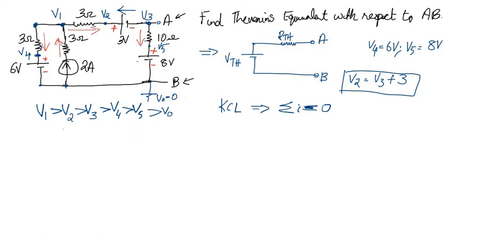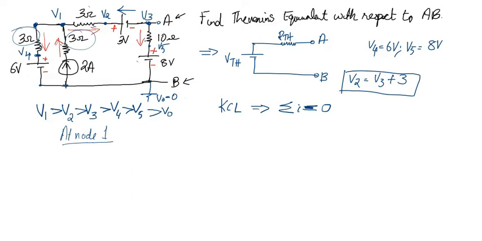We can easily make an equation for each node. So at node 1, what is happening at node 1? If you look at node 1, there are 3 resistors associated with node 1, that is 3 ohm resistors. So the current through the first 3 ohm resistor is (V1 minus V4) by 3. Similarly, the current through the second 3 ohm resistor is 2 ampere, because the value is given.